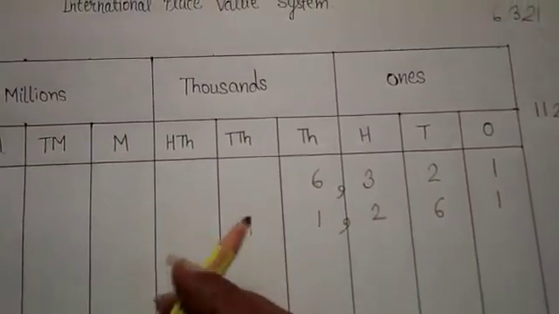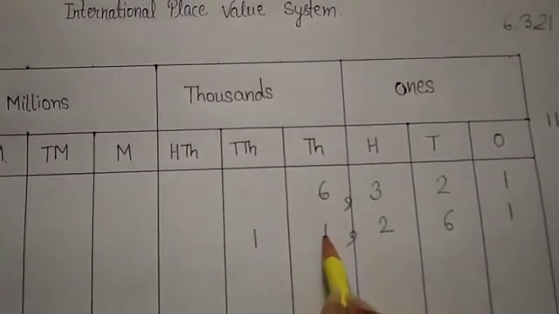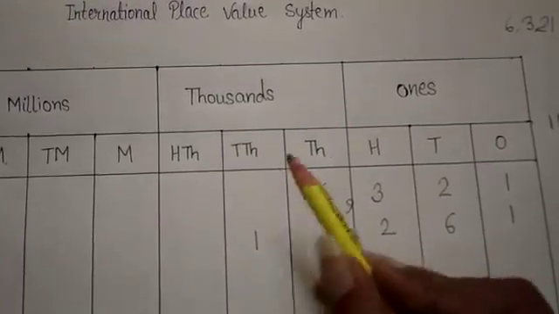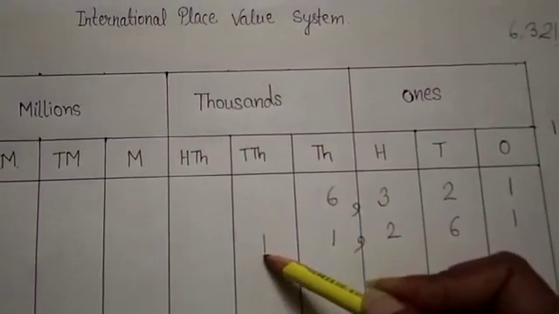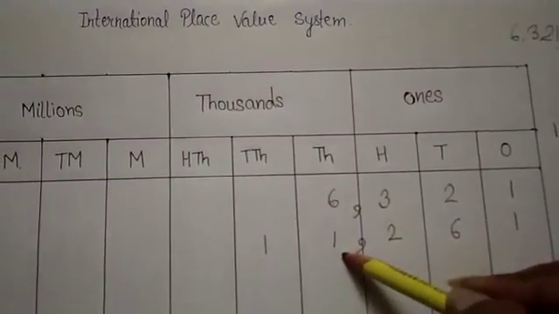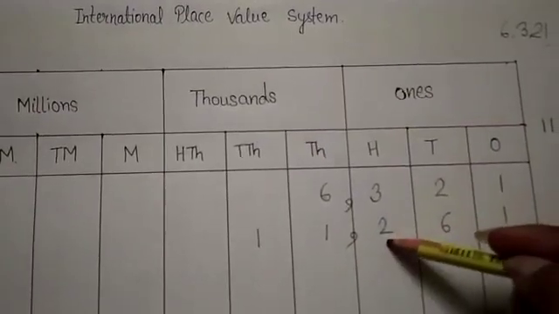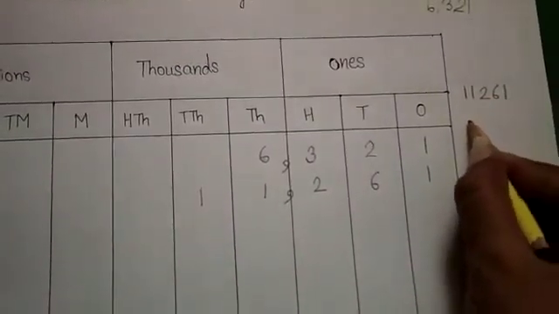Now you can see here 11, both are 1, 1. Both are in the thousand period. So we will read it 11,261.